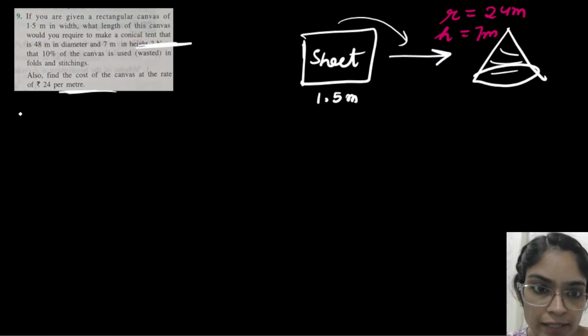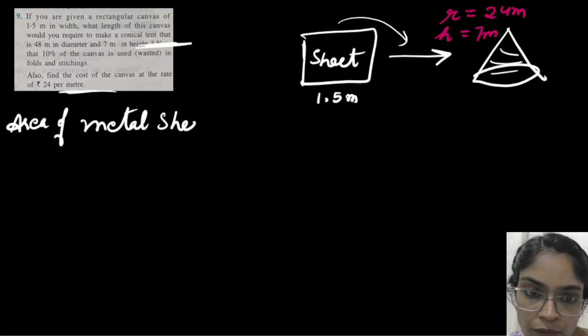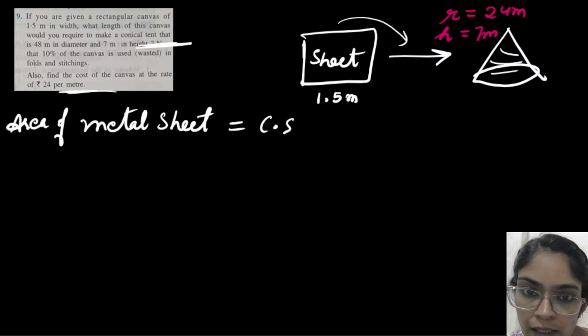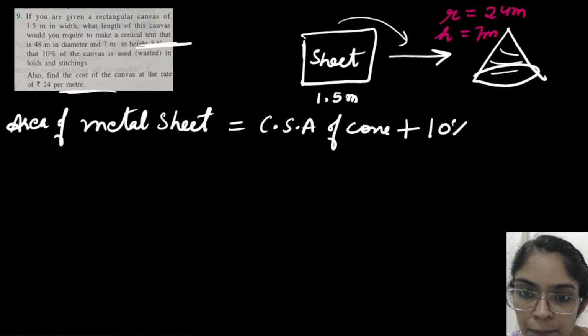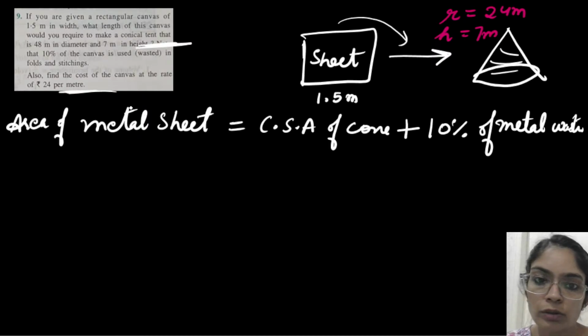It includes the waste area also. So area of metal sheet will be equal to curved surface area of cone, plus 10% of metal wasted also.